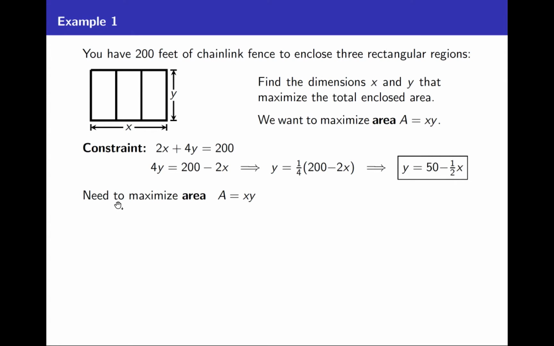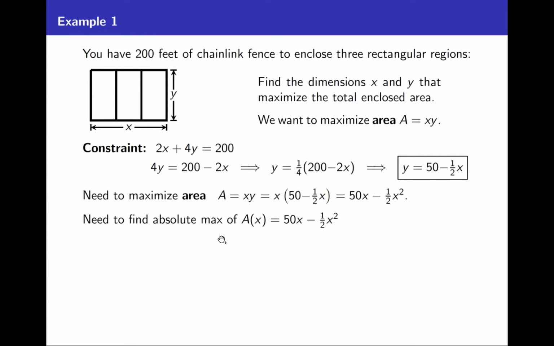To summarize, we need to maximize area A equals x times y, which is x times 50 minus a half x. Multiplying that x in there, we get 50x minus a half x squared. So our area depends on x. Whatever x is, the area of that enclosed region is 50x minus a half x squared.